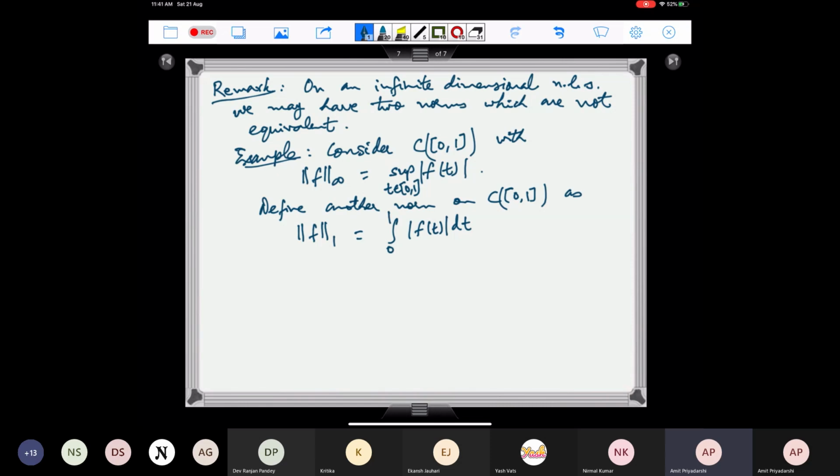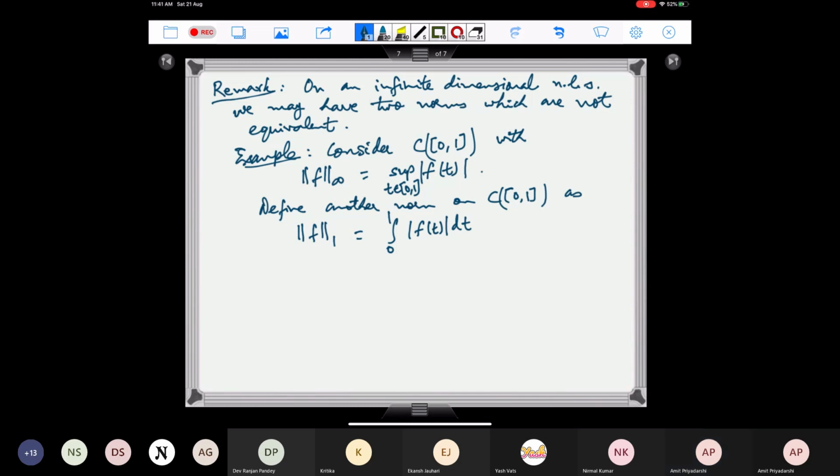So this is the capital L1 norm restricted to this C[0,1]. We have defined the capital L^p spaces where we take the integral of mod f to the p dt, to the power 1 by p. So for p equal to 1, we get the L1 norm. So this is again a norm on C[0,1]. So now we have two different norms. We will show that these two norms are not equivalent.